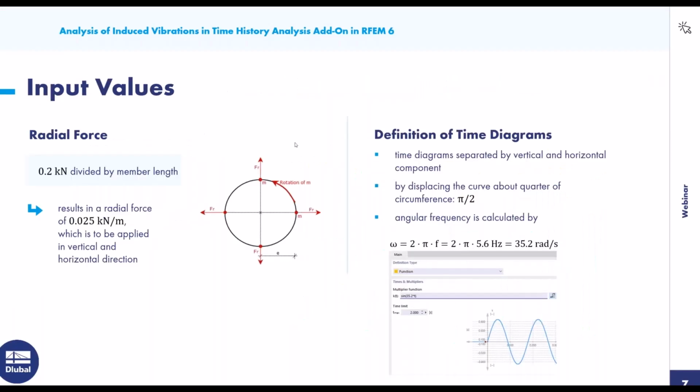presentation. In this case, we have to define now the input values for the time history analysis. And I told you that we want to use 0.2 kilonewtons as rotational mass, as the unbalanced mass of the machine.